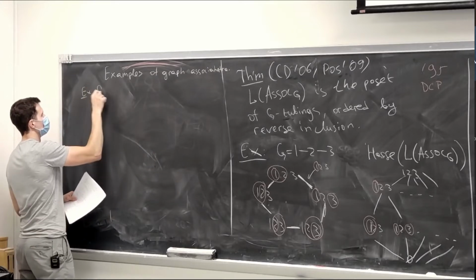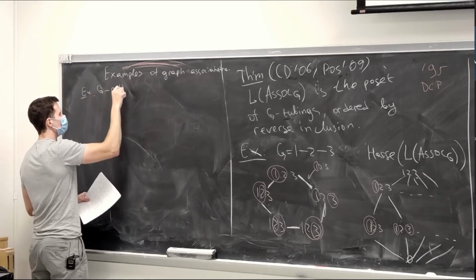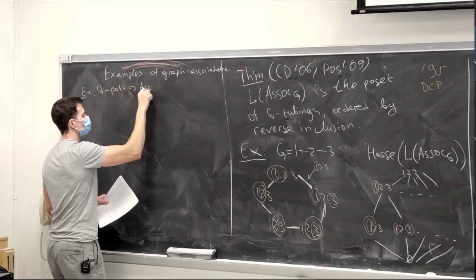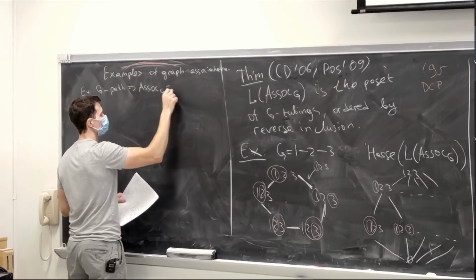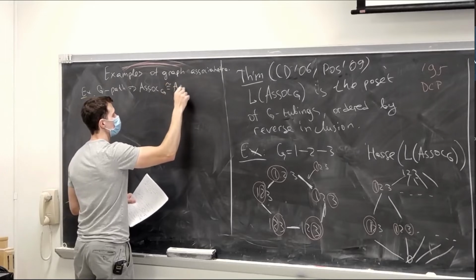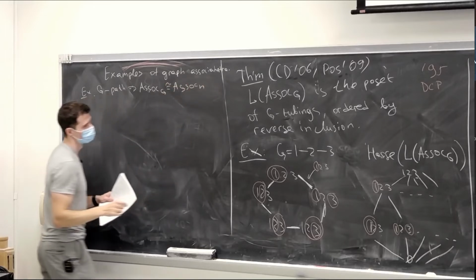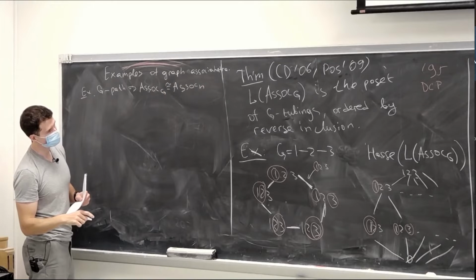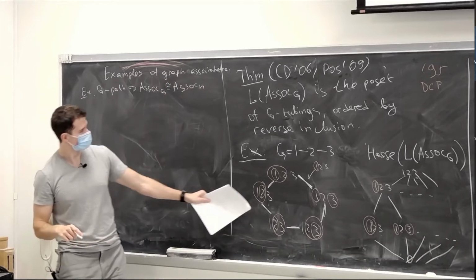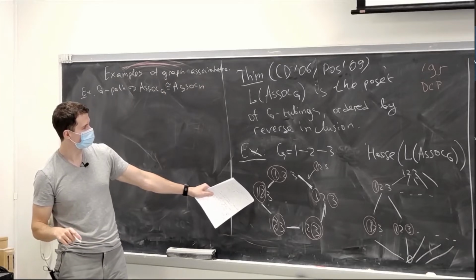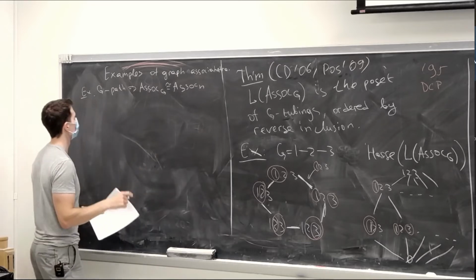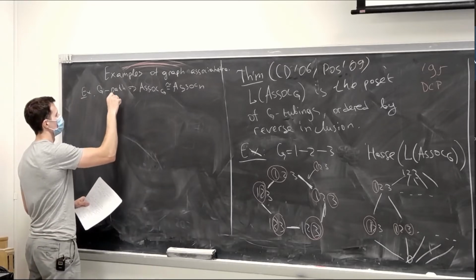If G is a path, then the associahedron of G is the associahedron K_n. This pentagon corresponds to n equals 3. So it's exactly the same, and it's a path on n vertices.